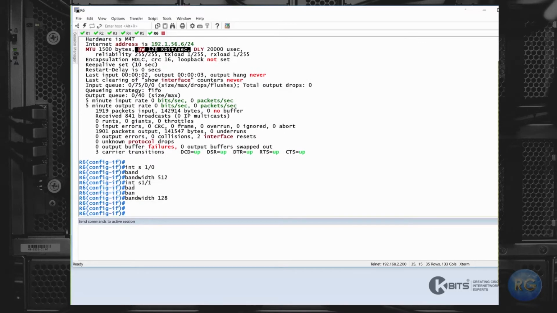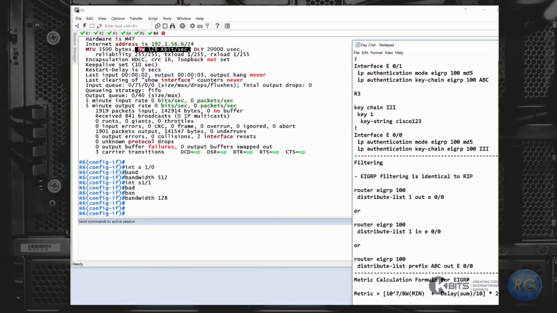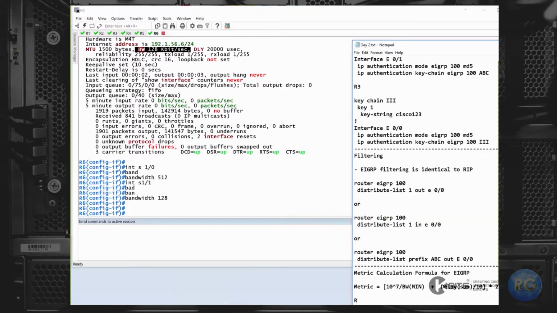Good. Now let's determine how EIGRP does the metric calculation. With this in mind, with the formula in place, let's do the metric calculation from R4 towards network 5.